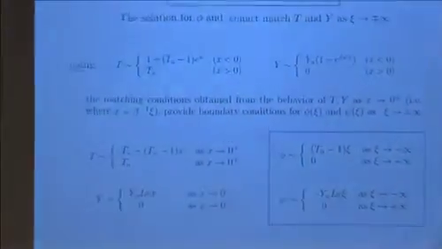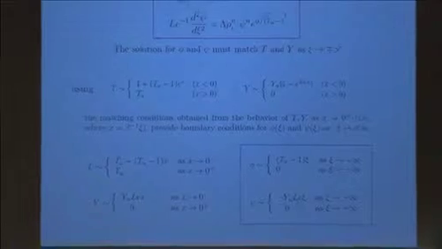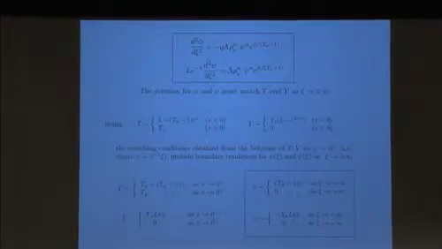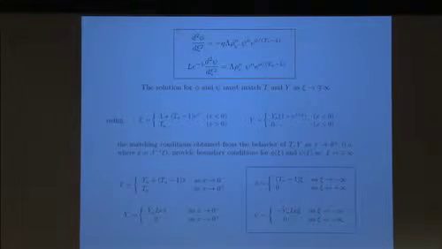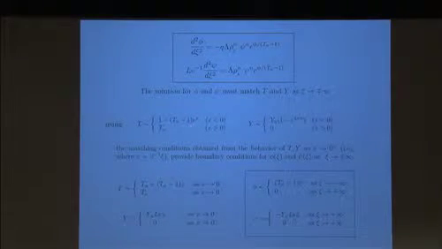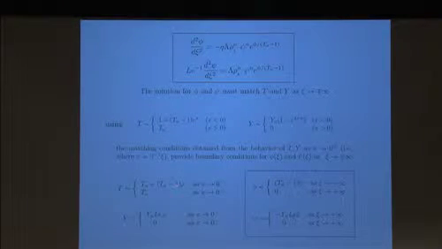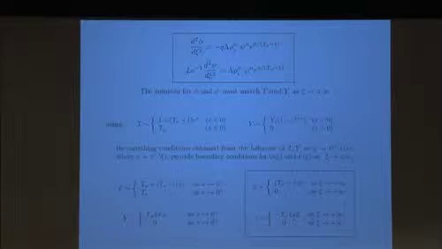Okay, having said that, here is a quick version of how you do matching. Well, you look at the solution outside the reaction zone, and you say, when x approaches 0 from above or from below, then I can expand the exponential in a Taylor expansion. So instead of e to the x, it is going to behave like 1 plus x. And so if you substitute that in here, you obtain that this is the behavior near 0 minus, and this is the behavior of the solution near 0 plus. Similarly for y.